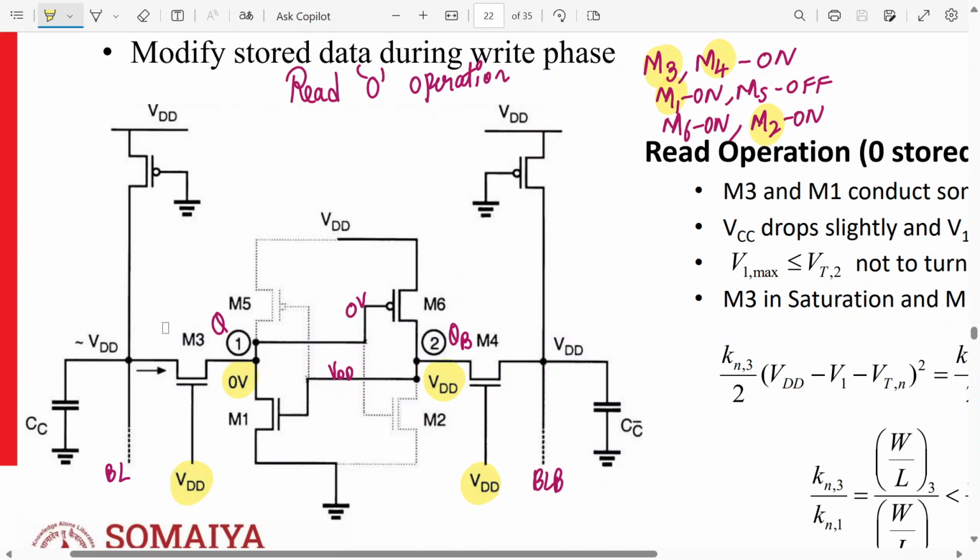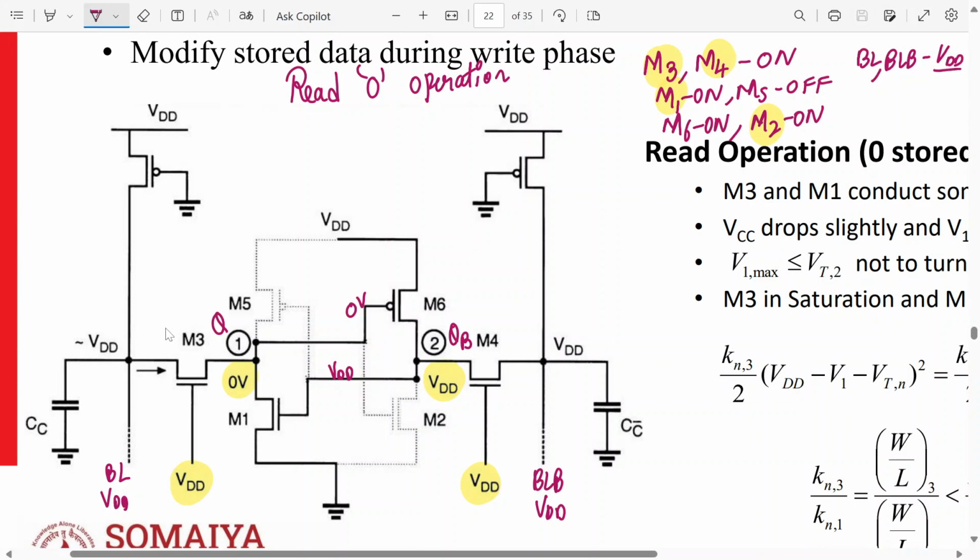Now what do we say for the bit lines? Bit lines are pre-charged to VDD. So these are already VDD before the read cycle. Before the read access starts, your BL and BLB are VDD. So BL and bit line bar are both logic 1 or VDD.